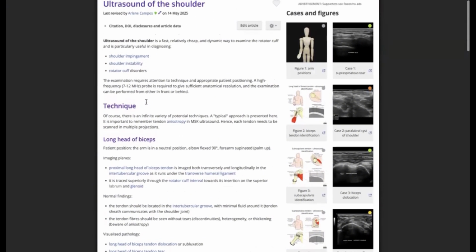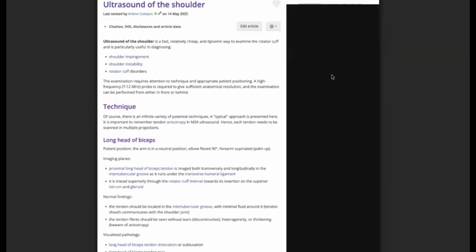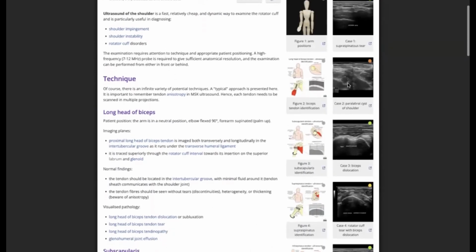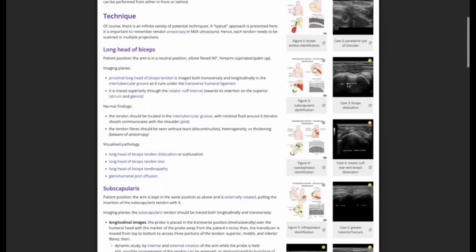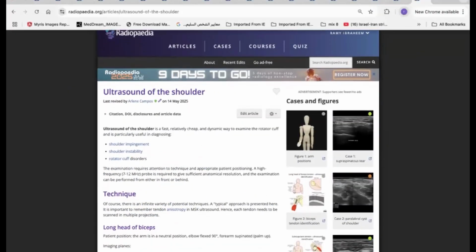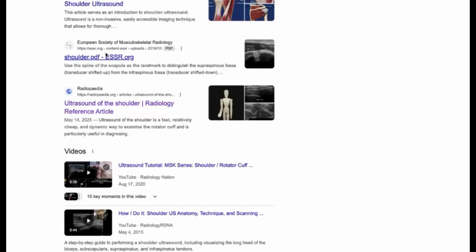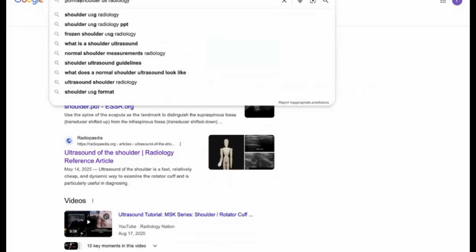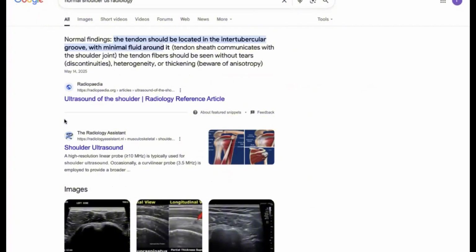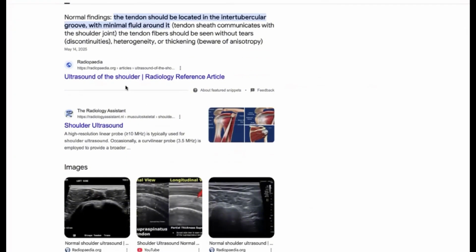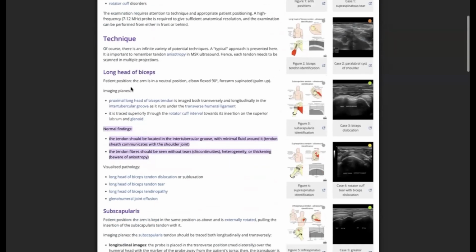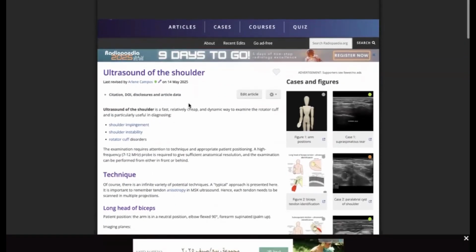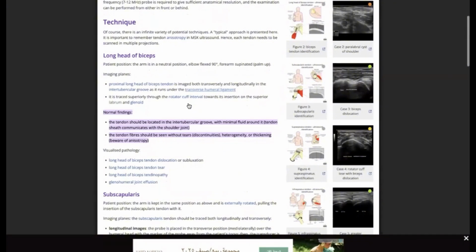Look, I will show you one. You should see the normal location. You should be sure that you see the normal appearance of the tendon, which is fibrillar: fibers and fibers and fibers.